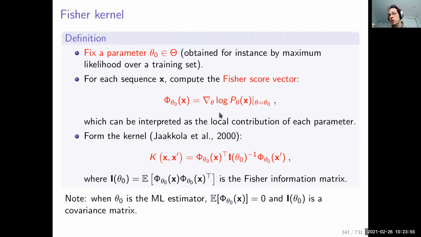It means that if you change the value of this parameter, it's not going to change much the log likelihood. So in that sense, the contribution of this parameter is small. On the other hand, if you have a large entry in this Fisher vector, it means that the corresponding parameter is going to influence a lot the log likelihood. So that's why you can interpret this as encoding contributions of parameters to the probabilistic model.